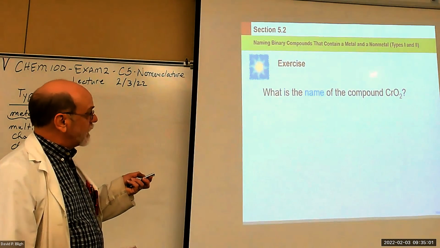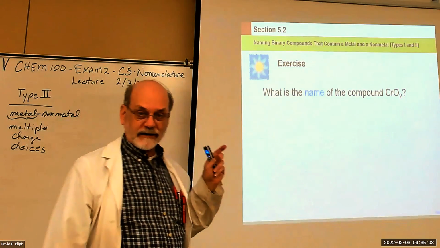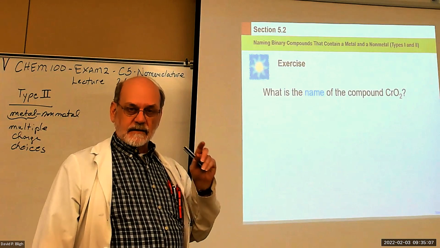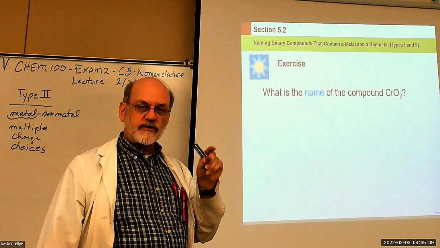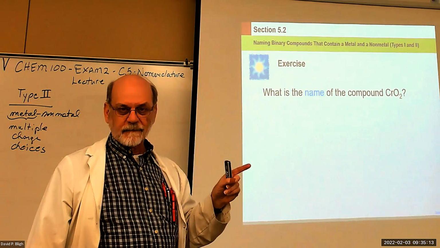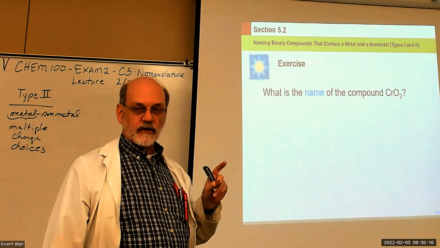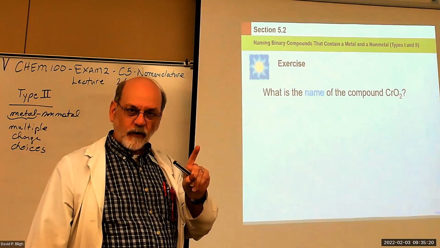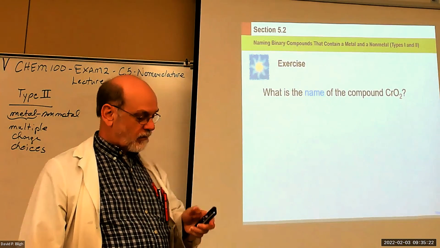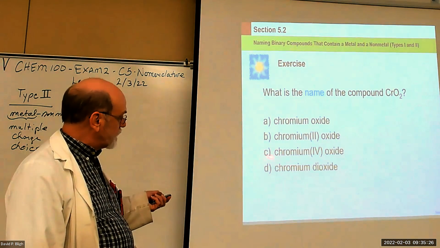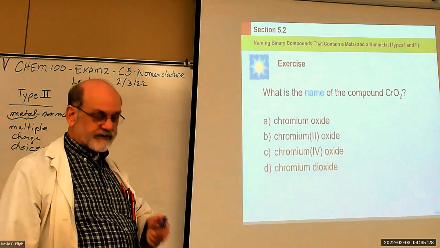So if we assume the compound is written correctly, CrO2 means that oxygen being -2 times 2 is -4. -4 has to be balanced with a +4. And there's only one chromium. So the chromium has to be +4. It's the only possibility. So it would have to be chromium(IV) oxide.